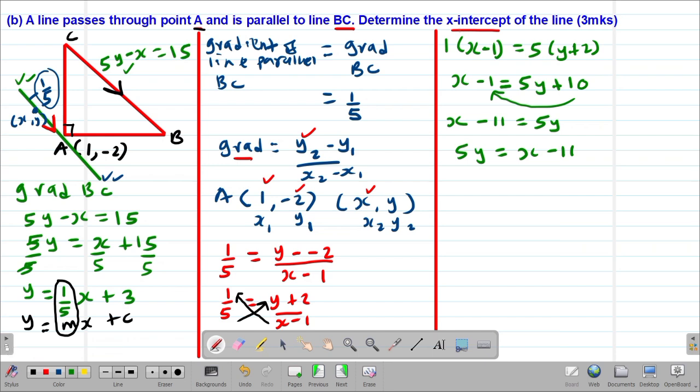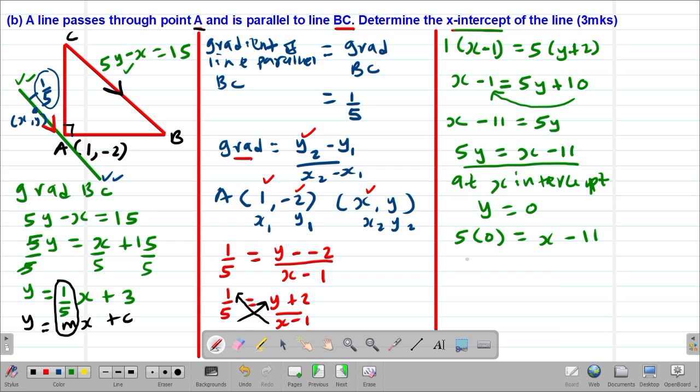But they wanted us to get the x-intercept. Now we know that at the x-intercept, the coordinate of y is always equal to 0. Therefore, I'll substitute in this particular equation. So I'll have 5 into the coordinate of y, which is 0, equal to x minus 11.